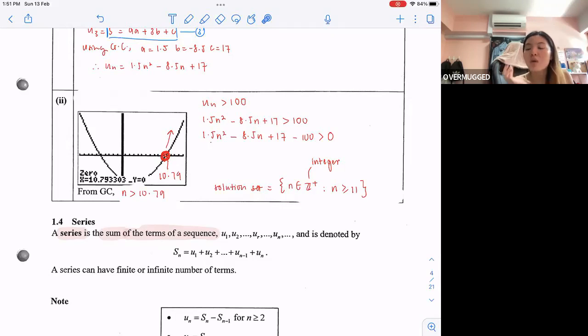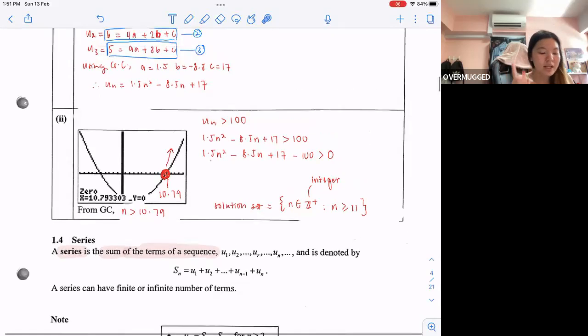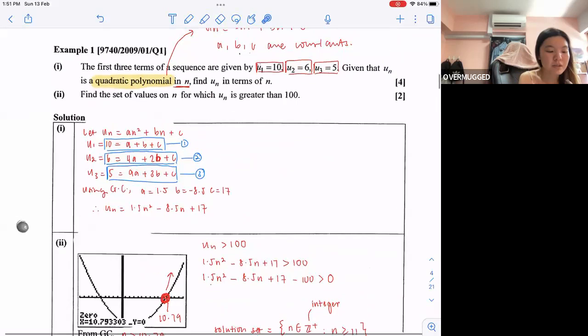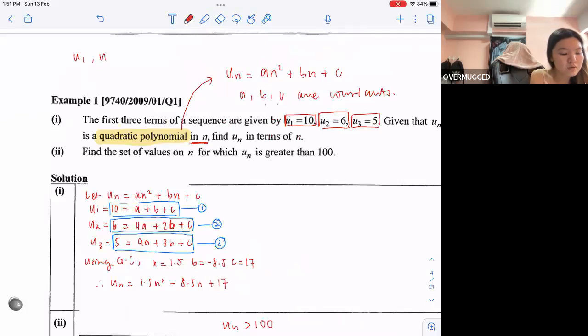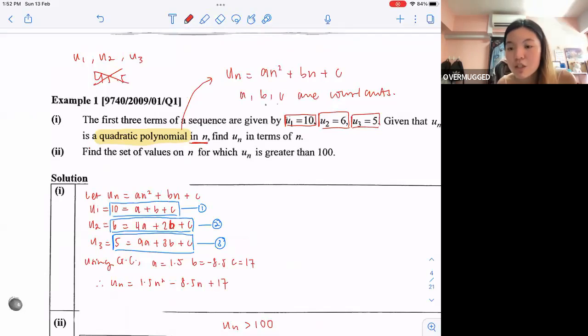It can only be more than 10.79. Why does my n have to be an integer? Because I'm going to sub it into here, and it's always going to be U1, U2, U3. I never have a decimal here. I never have a U5.5. Does that answer your question?